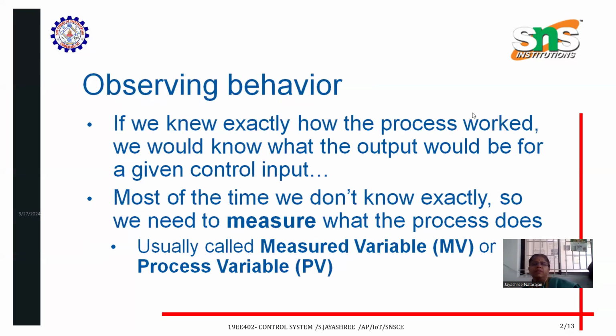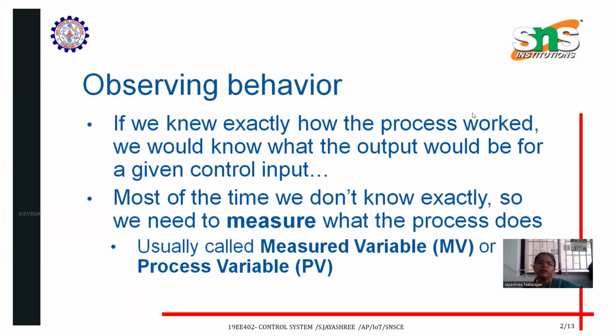Then third one is observing. So what is the actual value? After increasing the control variable, what is the actual value you have to measure, right? That thing we call the measured variable, MV. If we knew exactly how the process works, we would know what the output would be for a given control input.